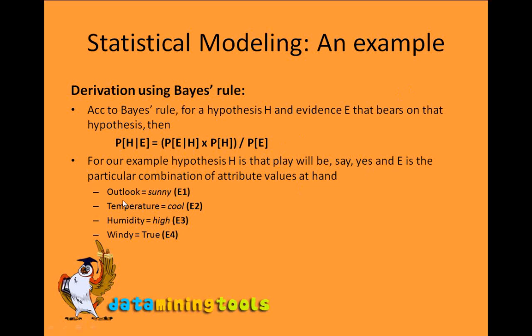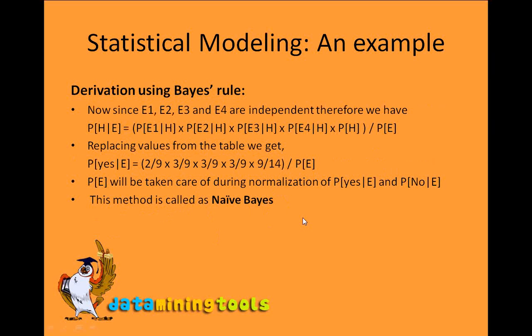Now, we have used this notation where we specify outlook equal to sunny. We have divided this evidence E into four parts: E1, E2, E3 and E4, representing each condition in that unclassified instance. Since E1, E2, E3 and E4 are independent, which is one of our assumptions, the formula for the hypothesis when E is given converts to this.